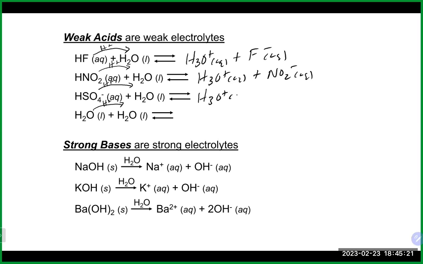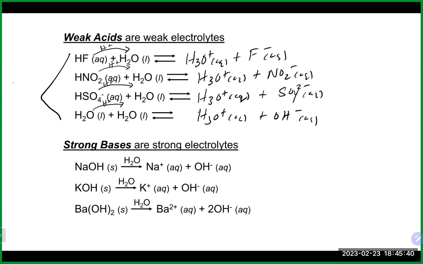H3O plus and SO4 2 minus. And that will give us our H3O plus and our OH minus. Now, again, in this case, what you mainly have is actually everybody on this side in solution.